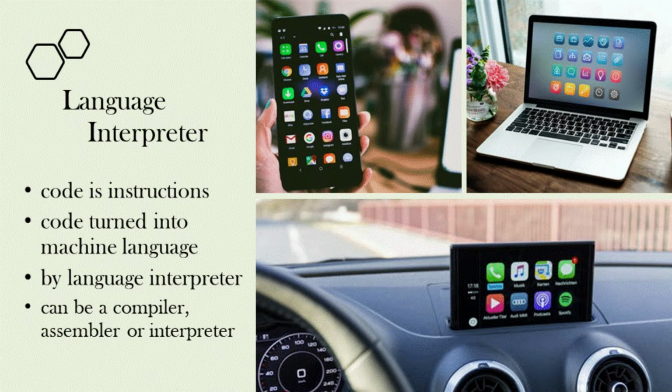For example, if it's in a programming language like Java or C or C++, it will be compiled into machine language. Other languages such as Python use an interpreter, and assembly language uses an assembler. But the language interpreter changes the code, the instructions, into the machine language so the device, the phone or the computer, can run the program, run the instructions.